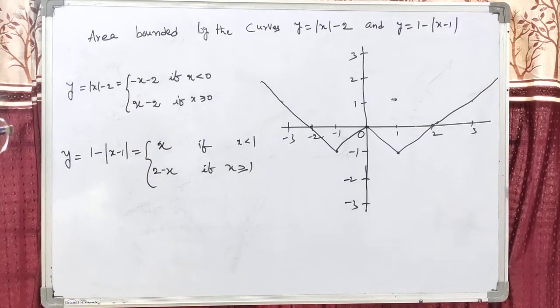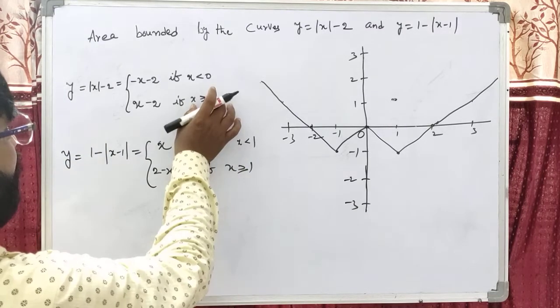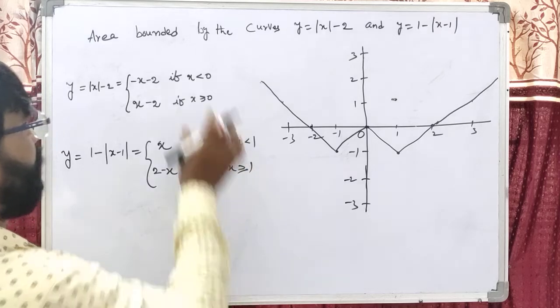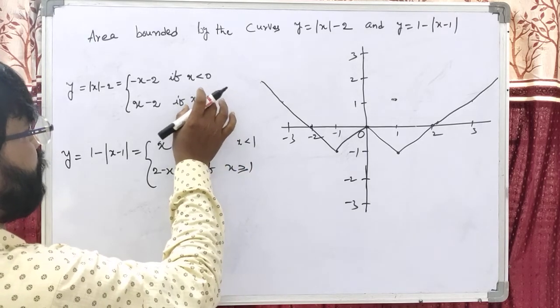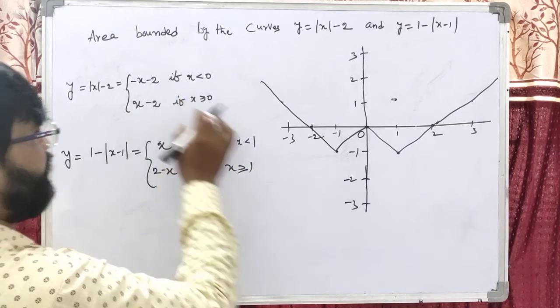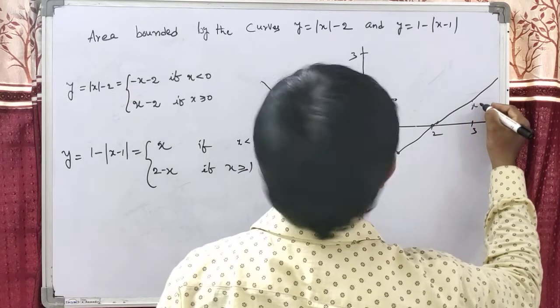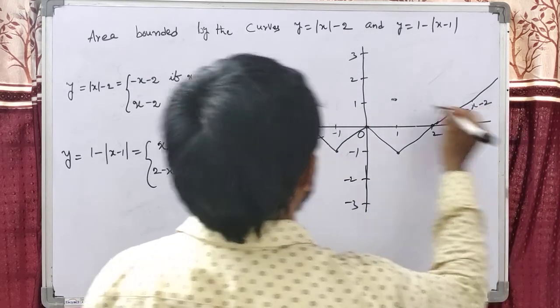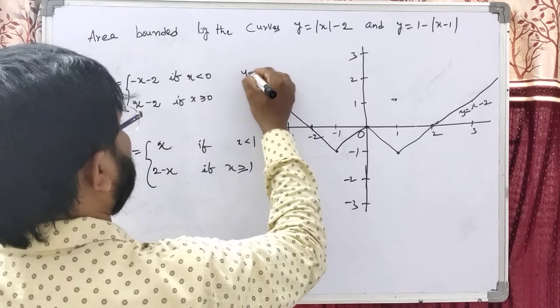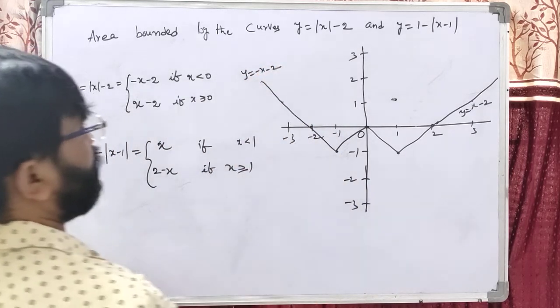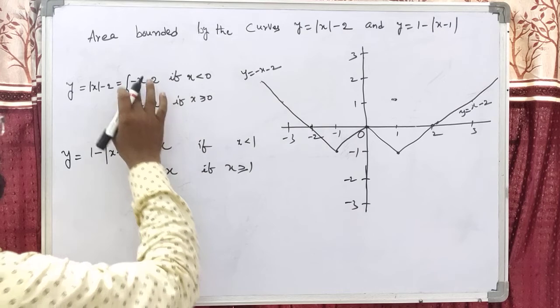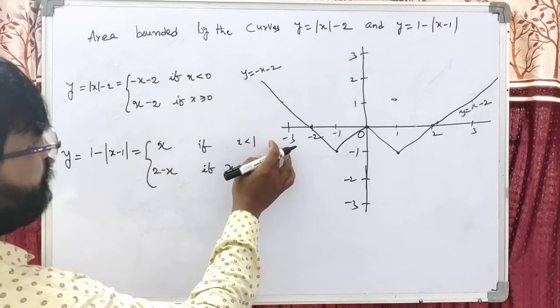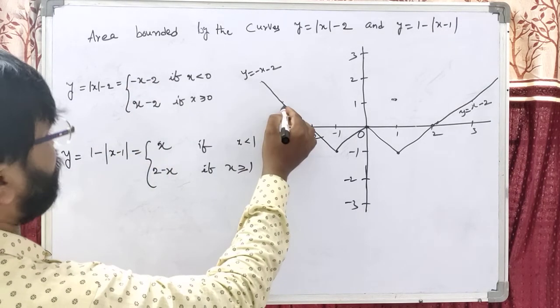We can draw the graph: 2 minus 2, 0. When x is greater than or equal to 0, we take x minus 2. You can take y equals minus x minus 2. Yes or no? When we take minus 3, dear students, that is plus 1.